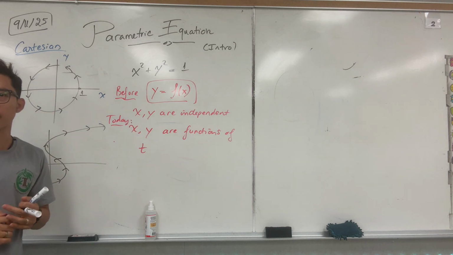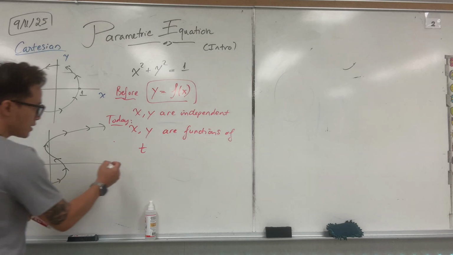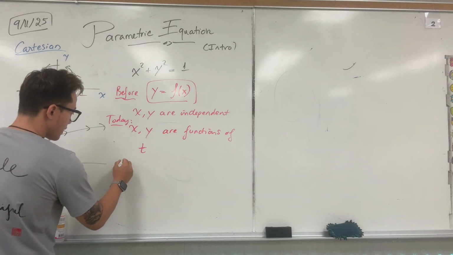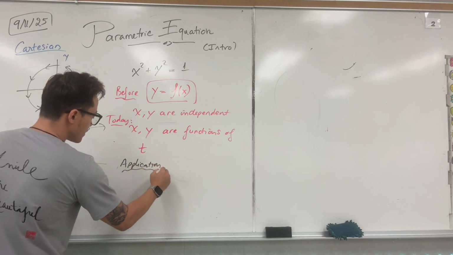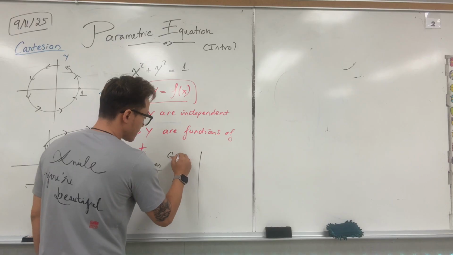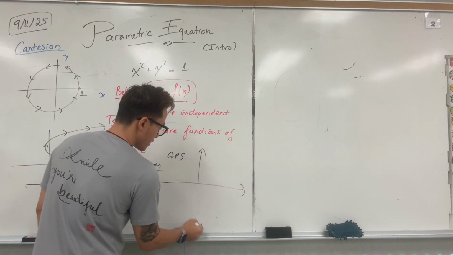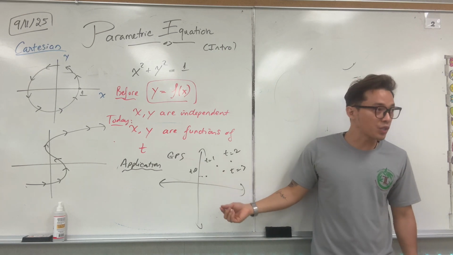Why do they use t? Because sometimes t is for time. Let me give you a real life application, like GPS, because you need to understand why we need to use this. At different times you have different longitude and latitude.